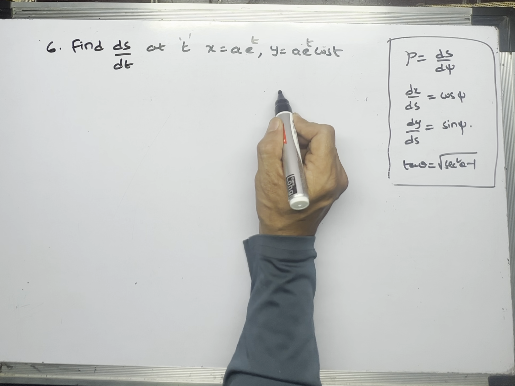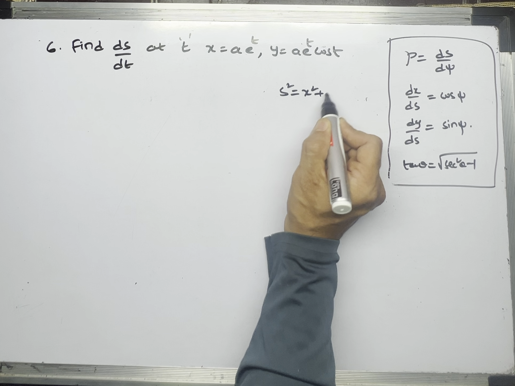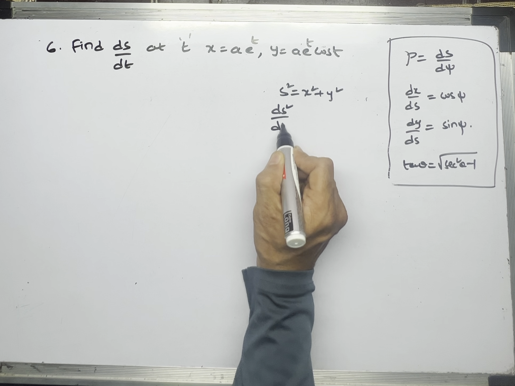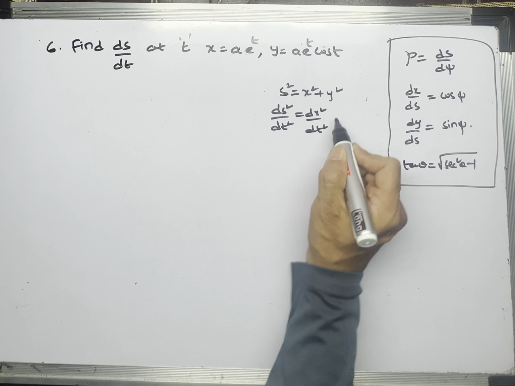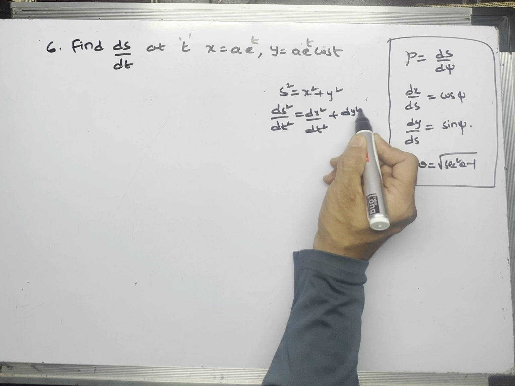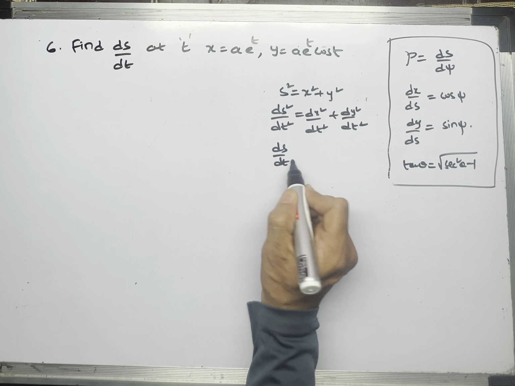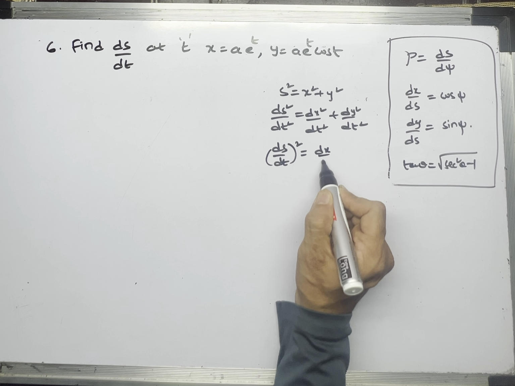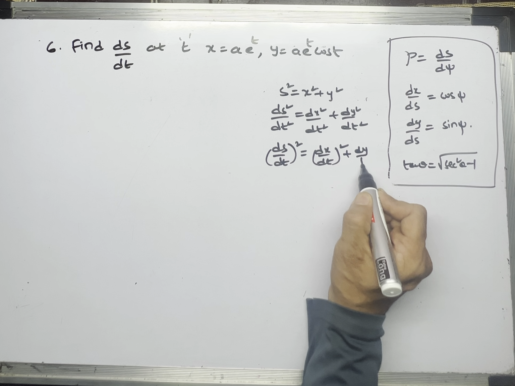For this you need to remember this function. S square equals x square plus y square. If I substitute t in the denominator, ds by dt whole square equals dx by dt whole square plus dy by dt whole square.